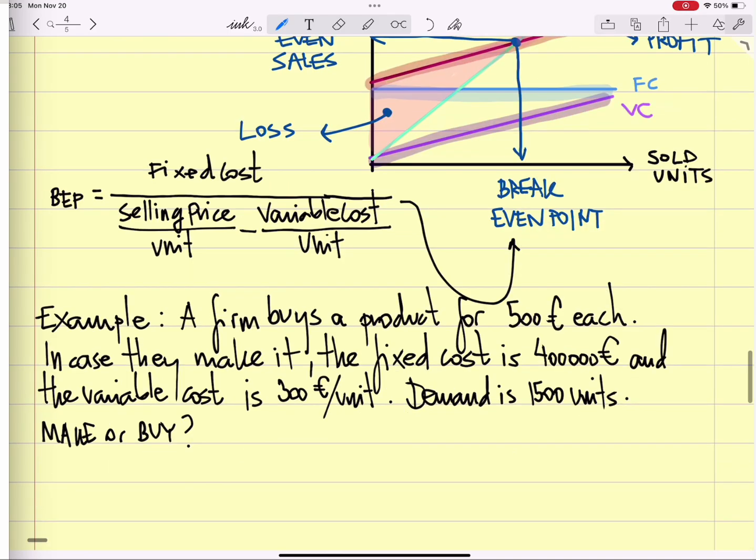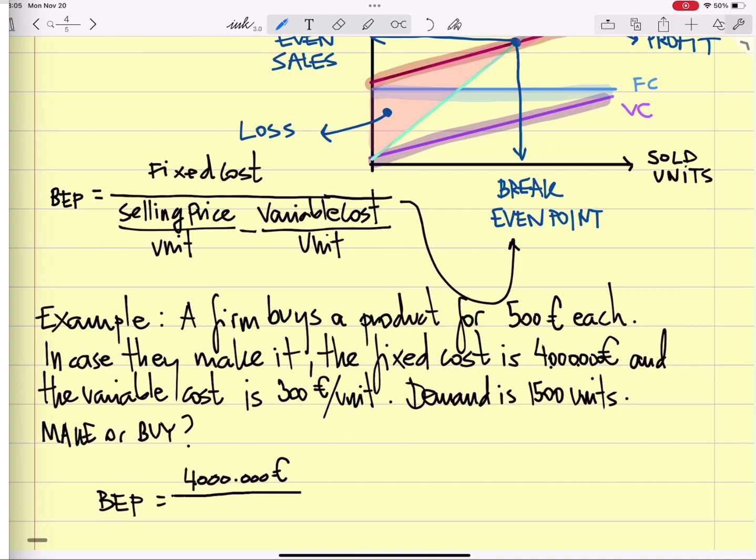So what's the break-even point? Applying the above formula, sorry, I forgot a zero here, it's 4 million euro.